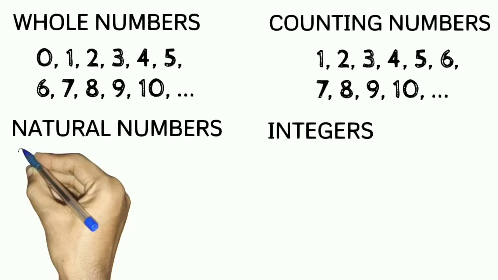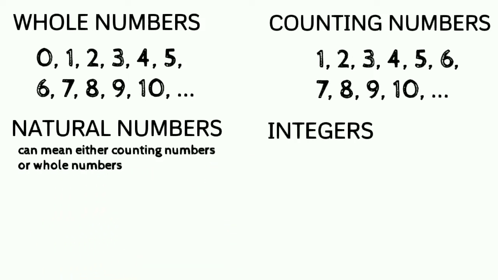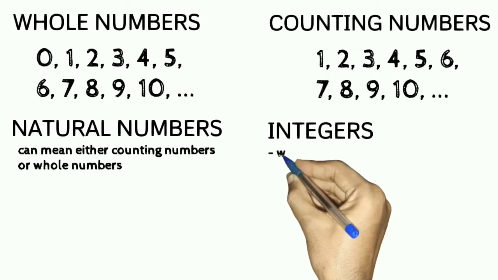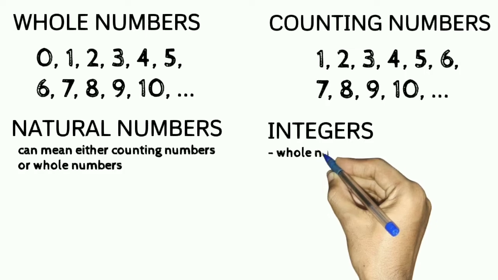Natural numbers can mean either counting numbers or whole numbers, meaning to say, included sa natural numbers ang 0, 1, 2, 3, 4, 5, 6, 7, 8, 9, 10, and so on. Kasi ang natural numbers, they can mean counting numbers or whole numbers.